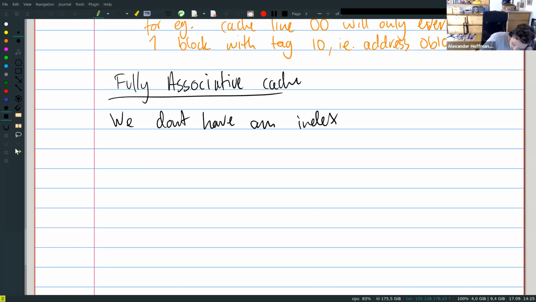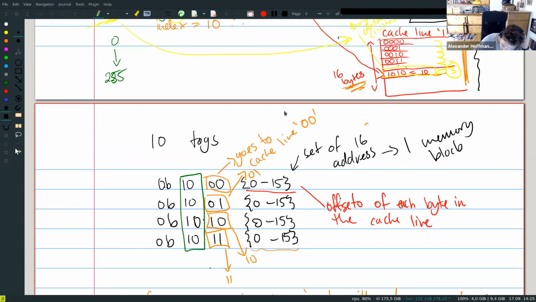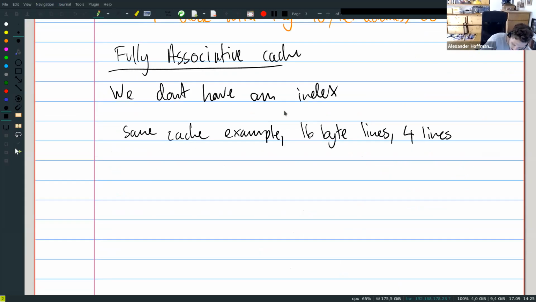Let's say we have the same cache example, which means 16 bytes, lines, 4 lines, all right? 4 lines, like up above here. Same example. But what happens in this memory is that we'll have our memory blocks, right, with some tag and some offset.